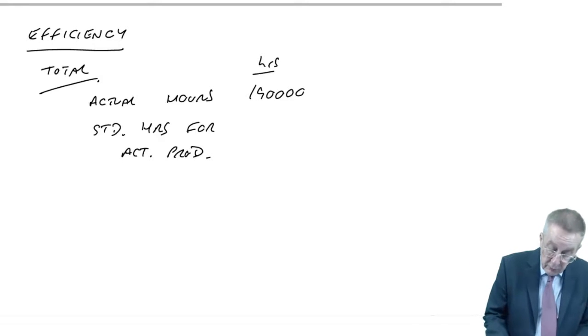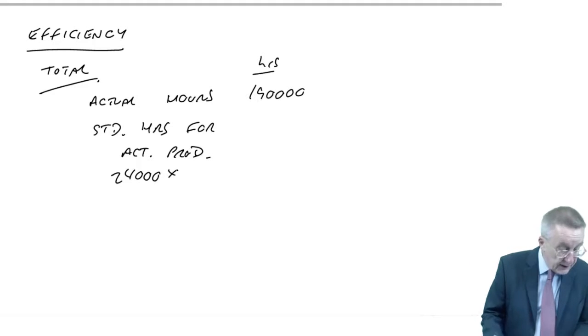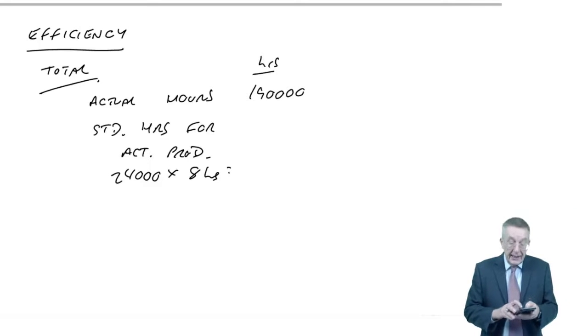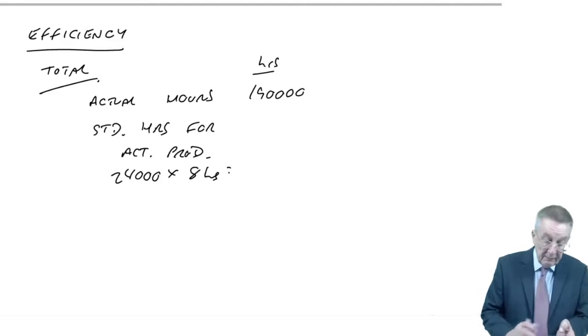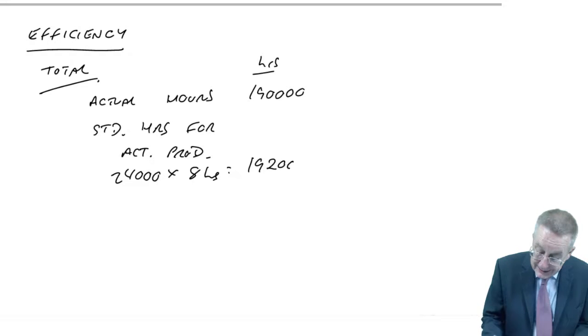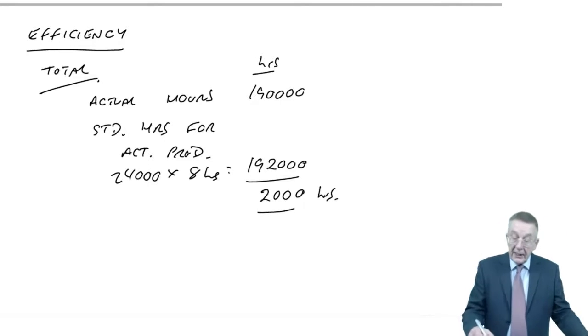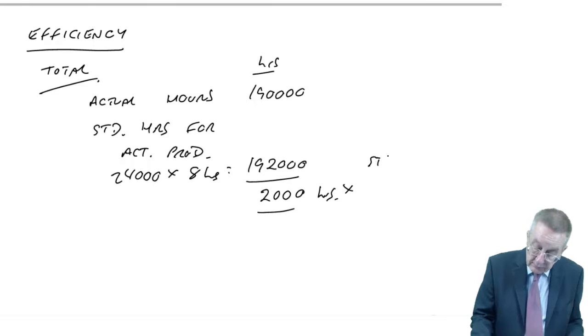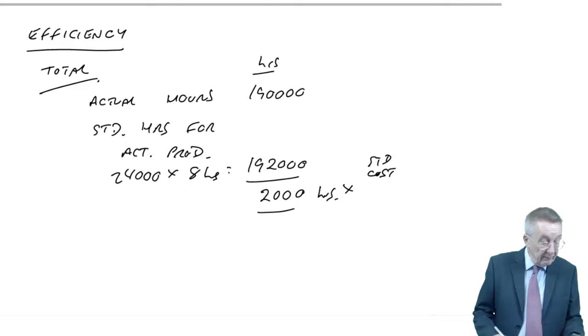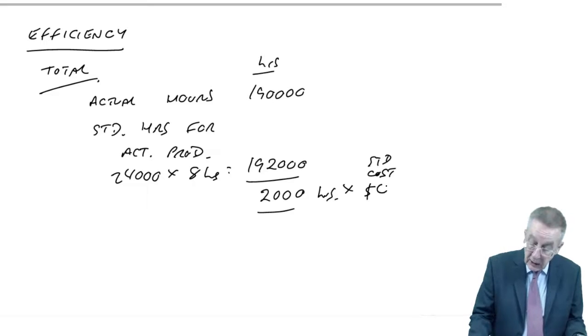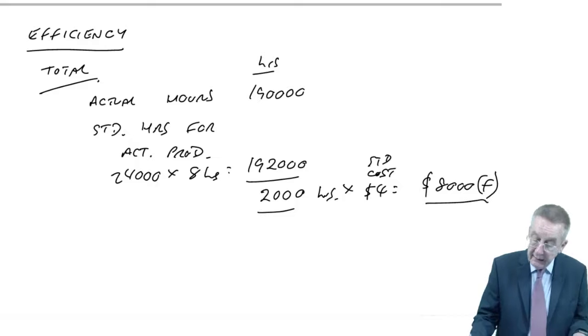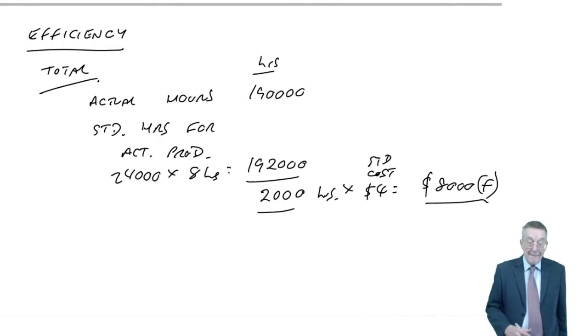The actual production was 24,000. So 24,000 units at 8 hours a unit, we would have expected to take 192,000. So we've saved 2,000 hours. Cost it out at the standard cost, $4 per hour. Overall, we've saved, it's a favourable variance of 8,000.